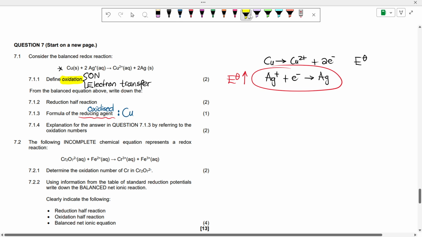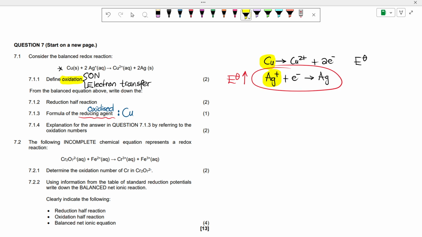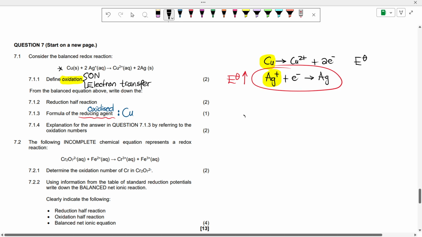And once again, you always pick the first thing that appears on the reactant side. So in this case, Ag plus will be our oxidizing agent because it's the first one that appears on the reactant side. Sometimes you see a half reaction that includes chromium.